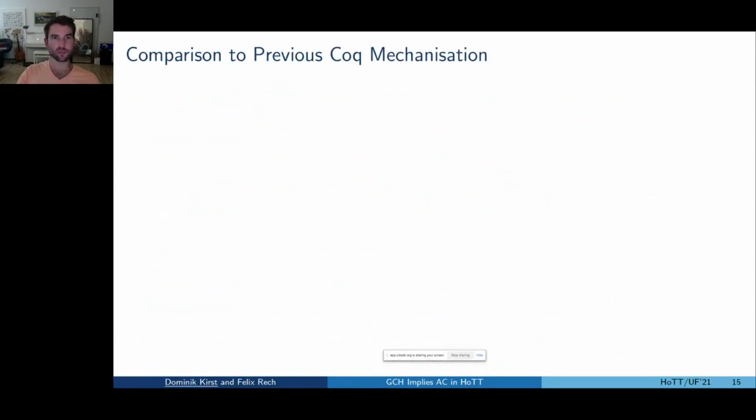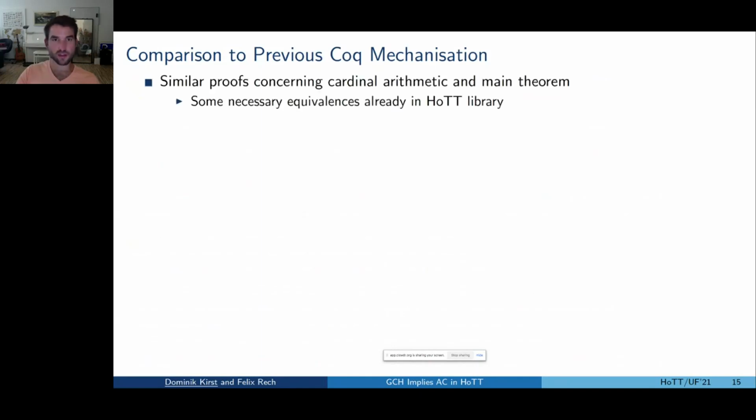All right, and then in comparison, which is probably the most interesting thing, to the previous development, we can say the following. So first, all the proofs concerned with cardinal arithmetic and the main result can be done completely as we have done them before. And here we even benefited from using the HoTT library because some of the equivalences were already there, so we didn't have to do them again.